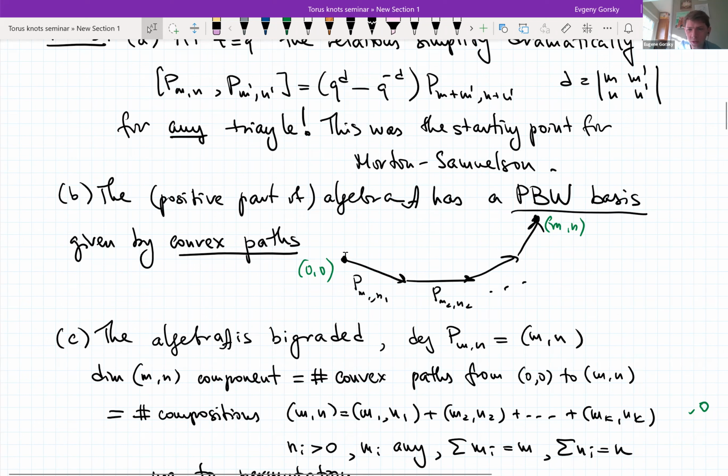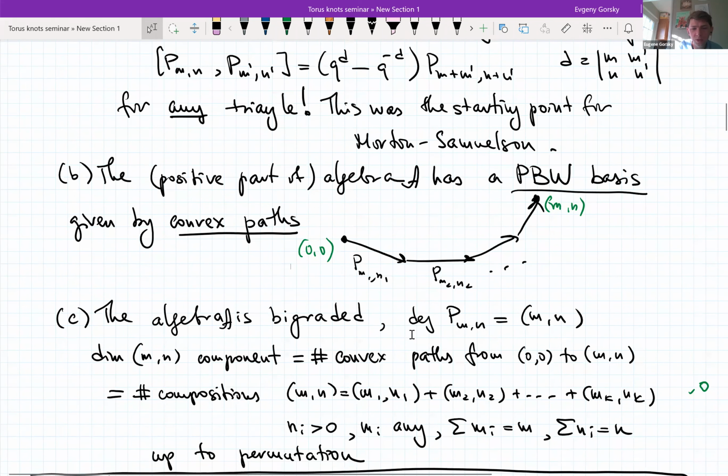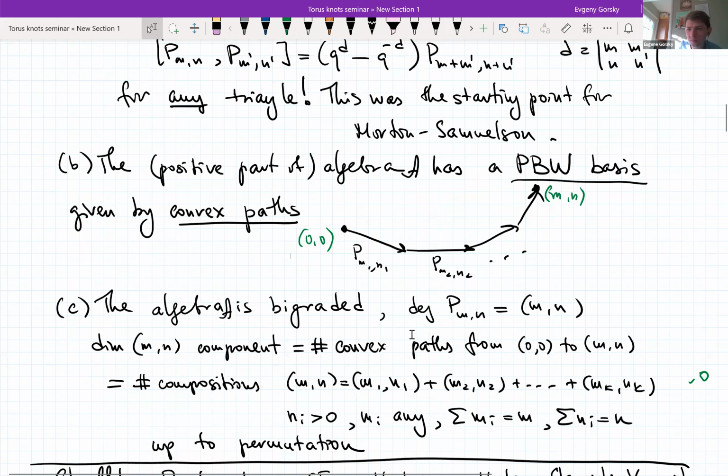You can also say that there is a filtration by the number of steps. That's a bit more finite, but still infinite. If you have just one step, there is only one vector from (0,0) to (m,n). If there are two steps, you already have infinitely many choices for how to draw this convex path. That's pretty complicated, but it is what it is. So the algebra is infinite dimensional, but controllably infinite dimensional.